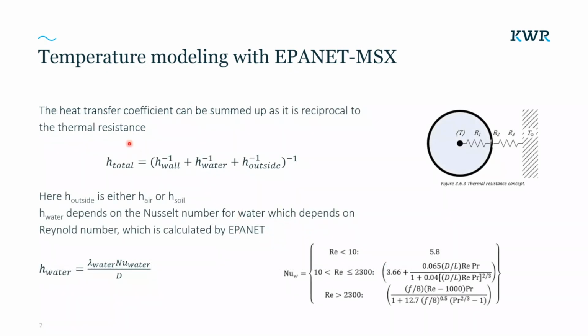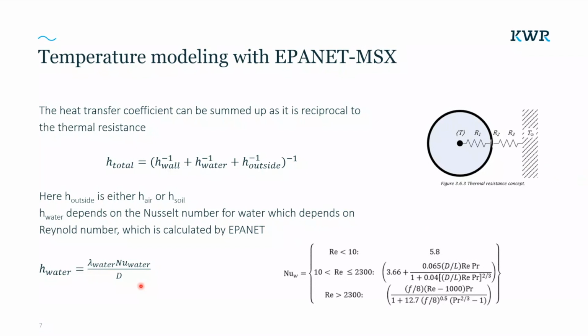So the heat transfer coefficient is of course a summation of the different heat transfer coefficients for the wall, the water, and for outside, and it can be summed up in this fashion, as it is reciprocal to the thermal resistance, which is shown here.